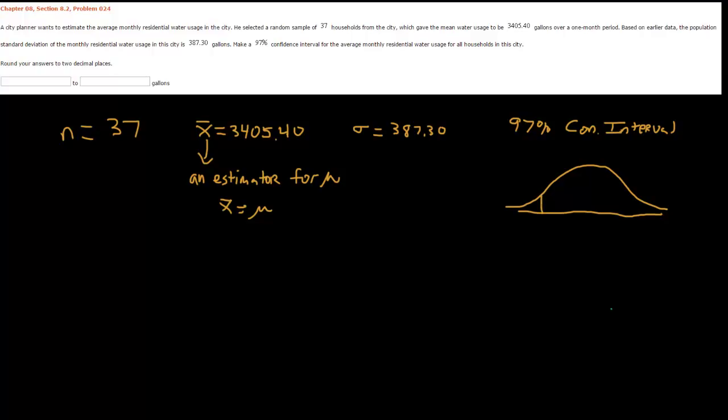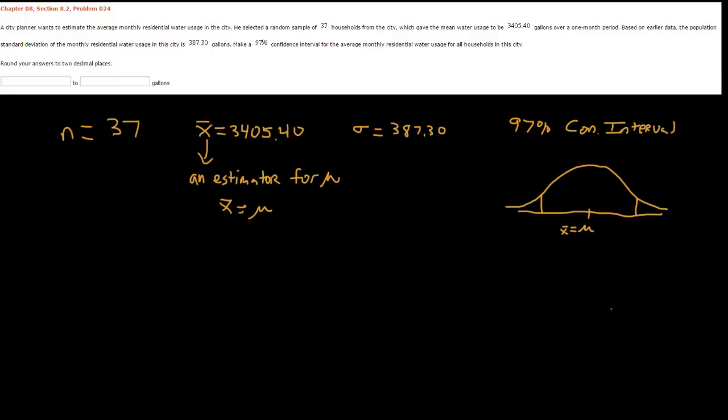So we want to construct a 97% confidence interval around mu, our estimate really. So x bar equals mu.